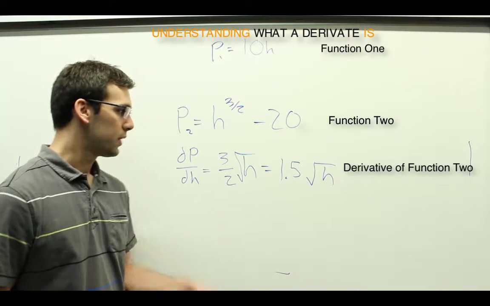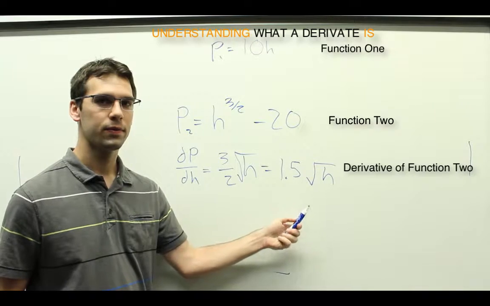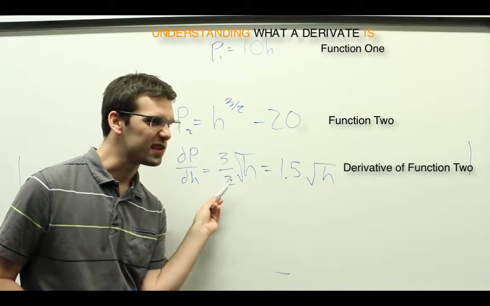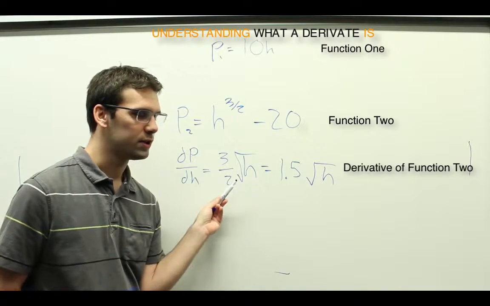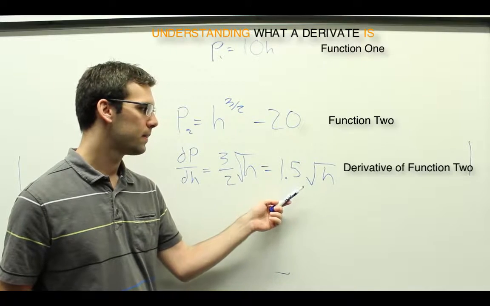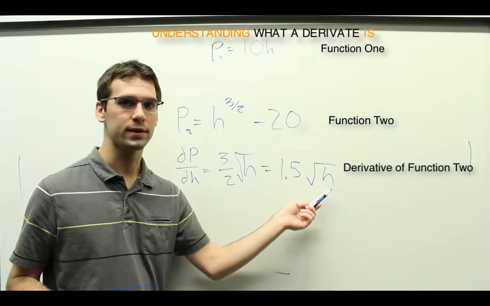All right, so that tells us that for any number of hours, the slope of the function, which is kind of like the hourly rate, is 1.5 times the square root of how many hours we worked.